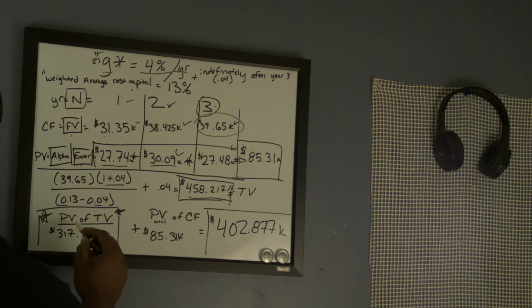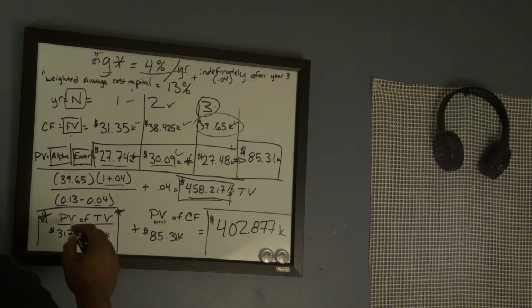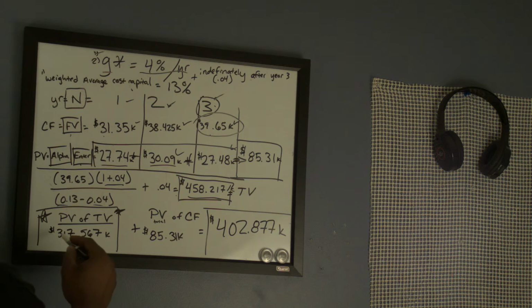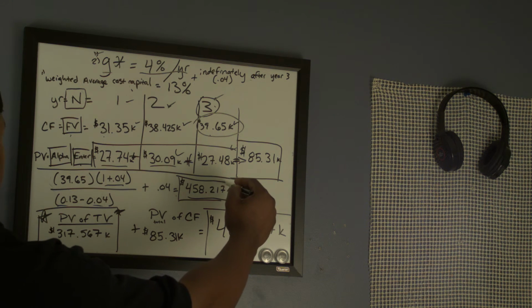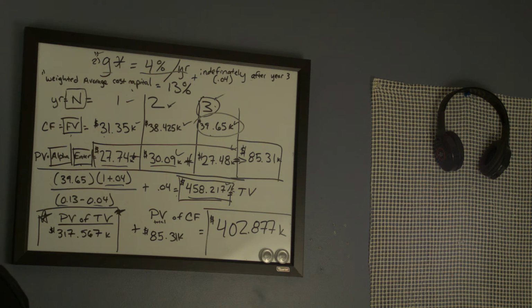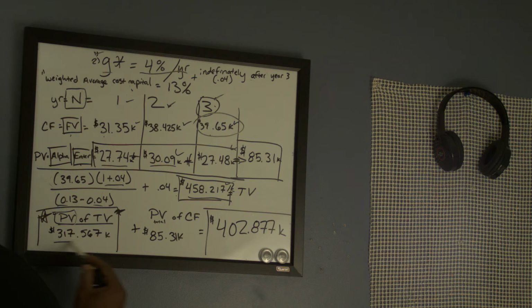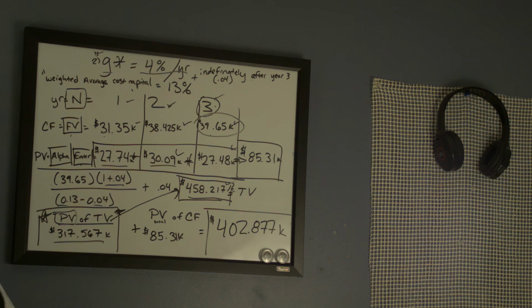So then we have to find the present value of our terminal value. So once we do that, we put in the same year, 3. We put in our terminal value as our future value, which would be this. And then we hit the alpha enter on PV in order to find out what our present value is of our terminal value.